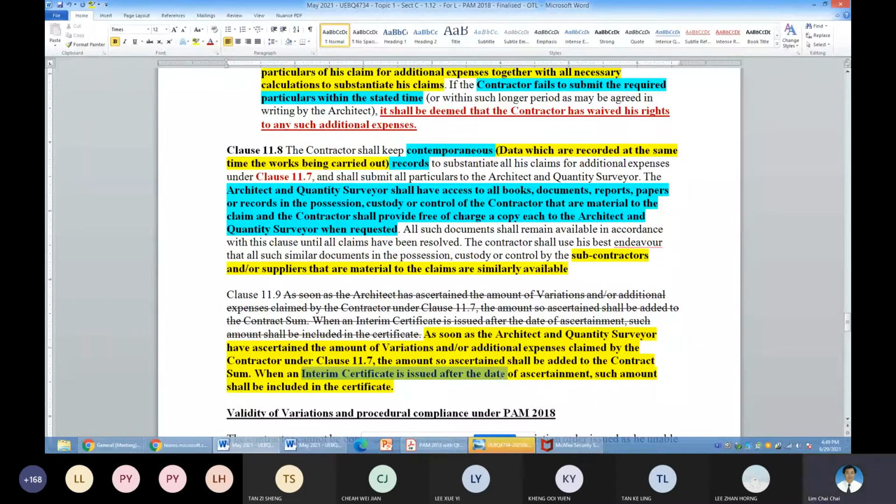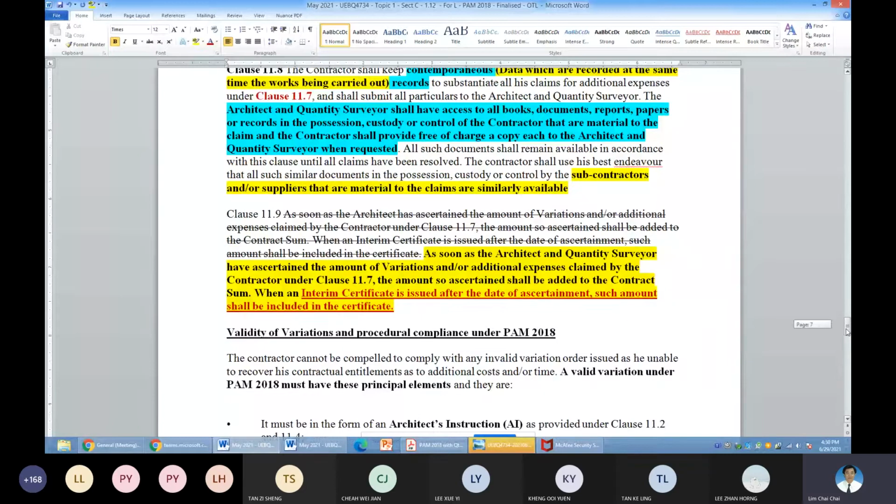And that amount have to be paid to the main contractor. So this is why it's important, this clause, because last time a lot of VOs, the consultant just don't want to pay, keep it there, strangle the contractor cash flow.